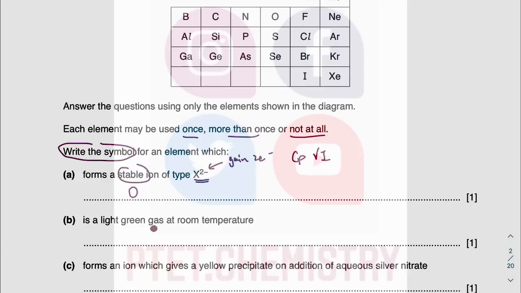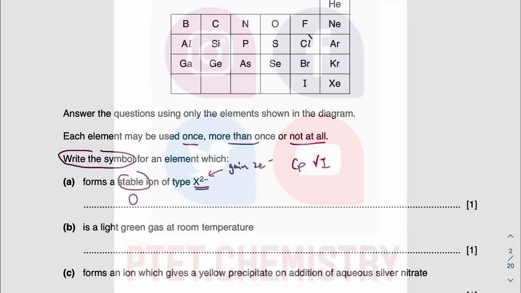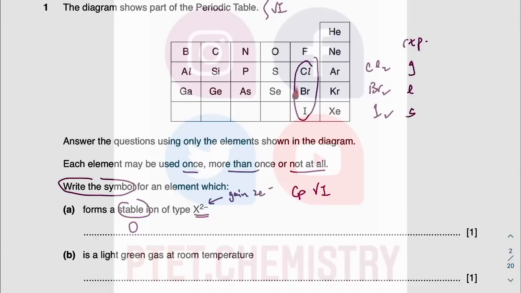A light green gas at room temperature. So you know the halogens are colored gases, particularly chlorine, bromine, and iodine. This is a gas, liquid, and solid at room temperature and pressure. This is an atom, an element in the periodic table, shown as an atom. In reality, group 17 exists as a molecule because they have a simple molecular structure.